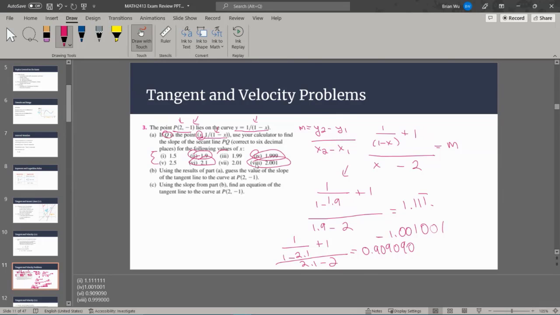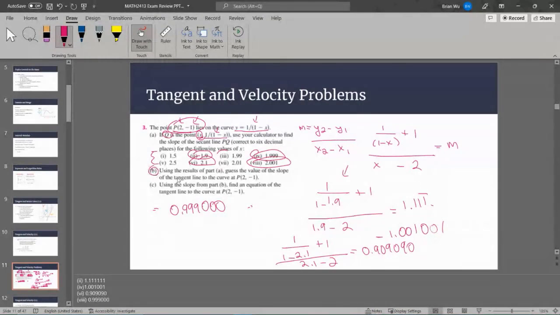You do it again with 2.001, and you'll get something like 0.999000. All these values just lean towards having 2 points be extremely close together, so you can have a good estimate of the tangent line at this point.